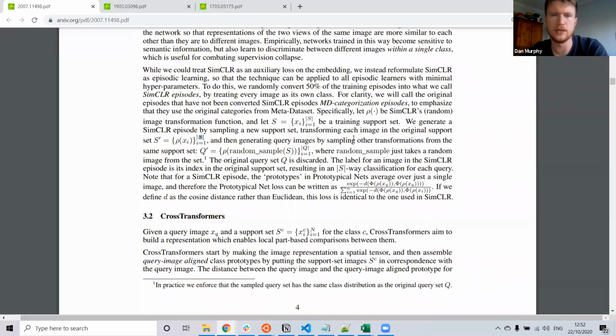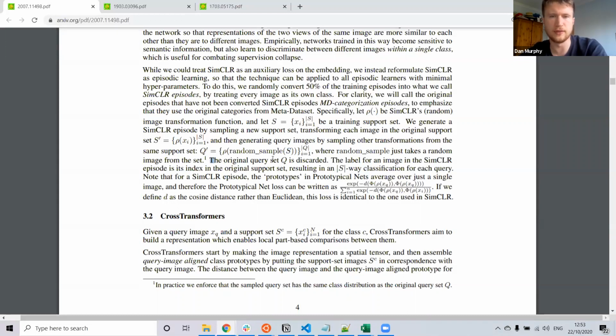And the query set now transforms those images in a different way, but will retain the S classes because they're just samples from the original support set.